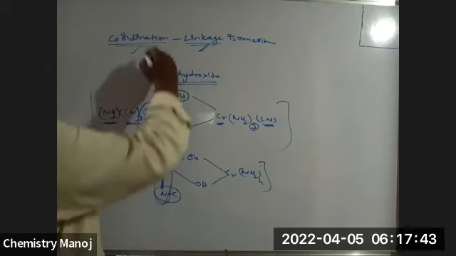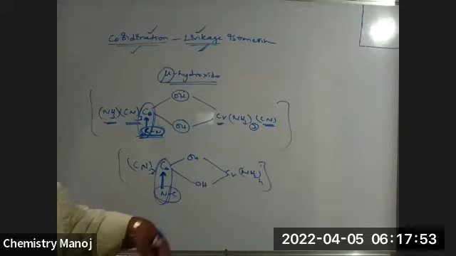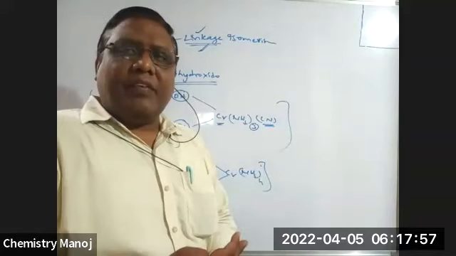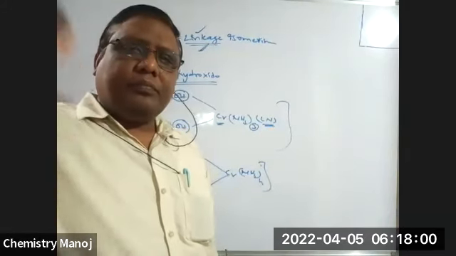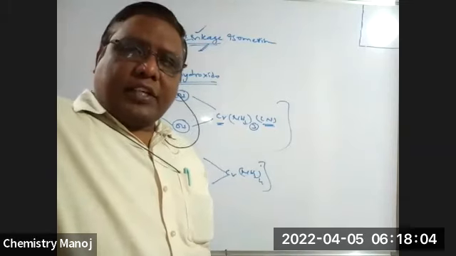That is what is called coordination linkage isomerism. Like this also it happens. They ask some more different combinations too. Okay, this is the end of structural isomerism, my dear.